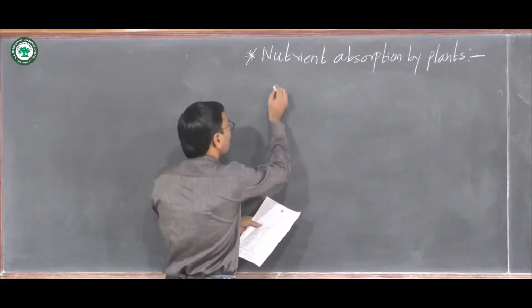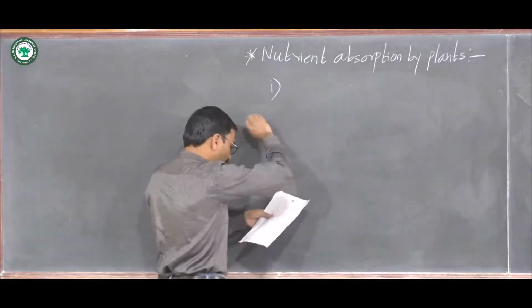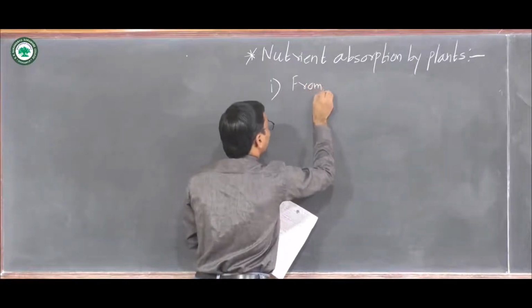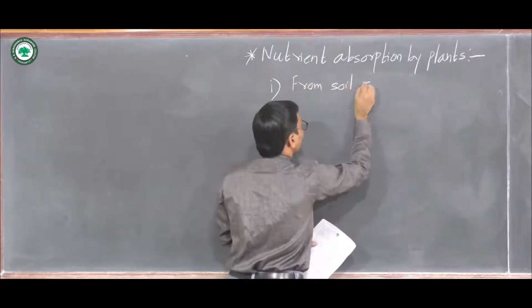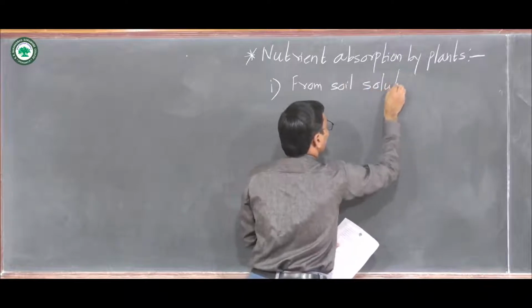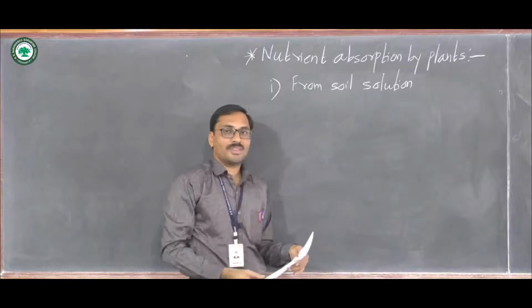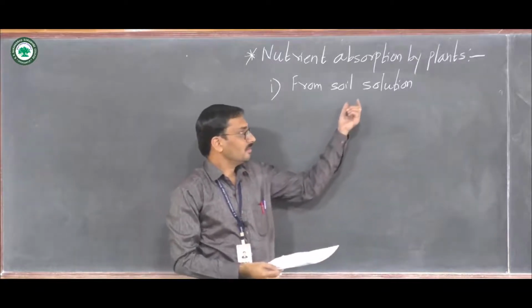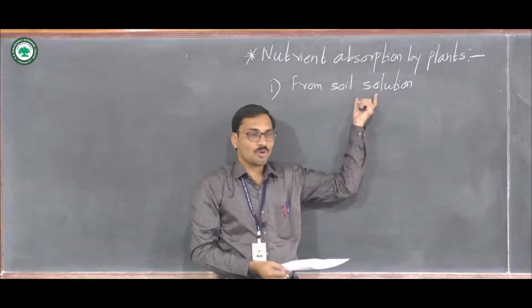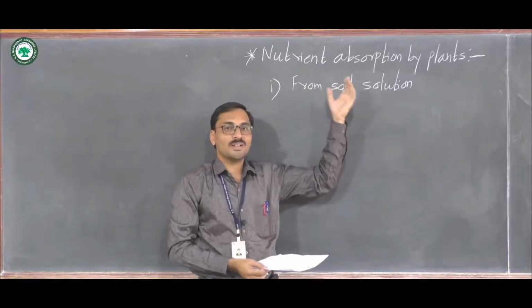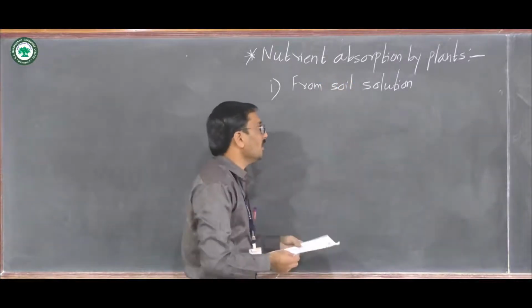The first device, or first way, is from soil solution. In the soil there is moisture, water. In that water, the nutrients are soluble and directly absorbed by the plant.